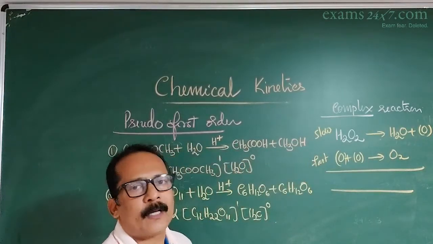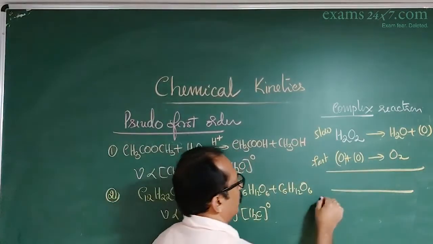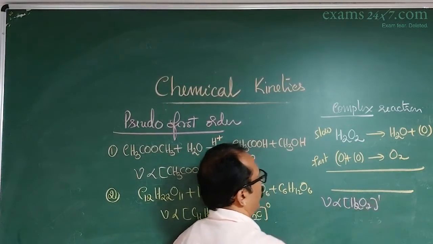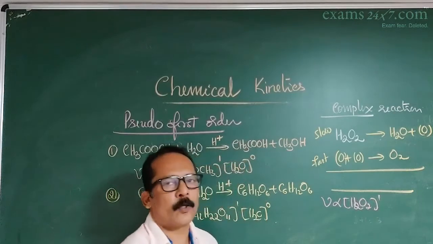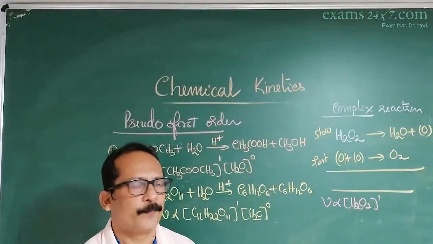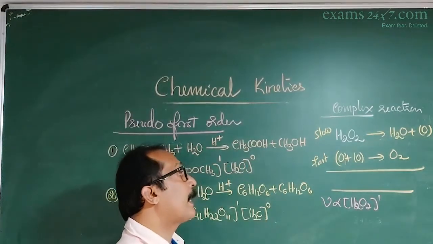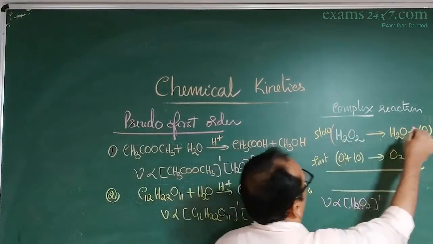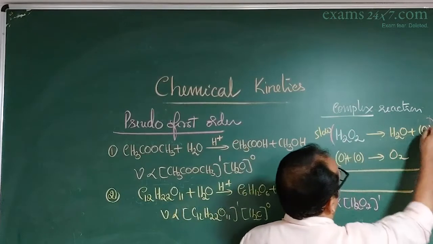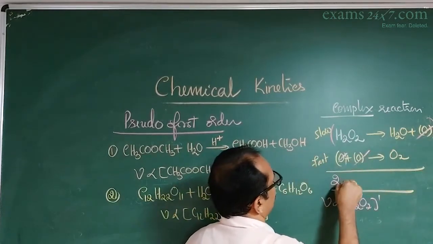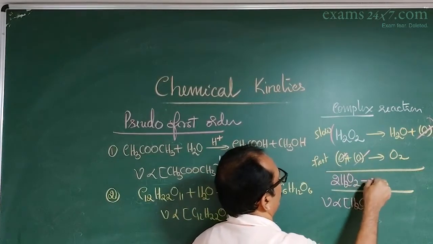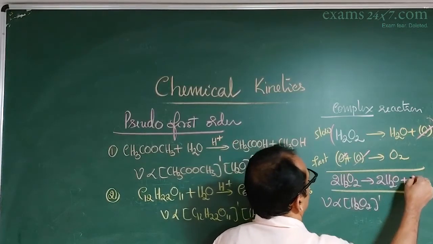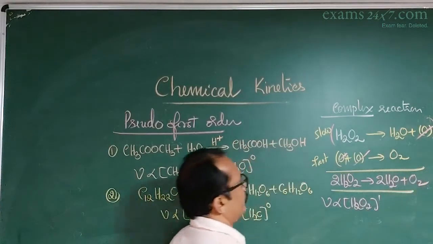The rate law is given based on the slow step. So rate is proportional to hydrogen peroxide. So what about the order of the reaction? It's 1. Now we'll go for balancing the overall reaction. Since there are 2 oxygens, this equation is multiplied by 2. The nascent oxygen cancels. So the overall reaction is 2H2O2 giving 2H2O and O2.